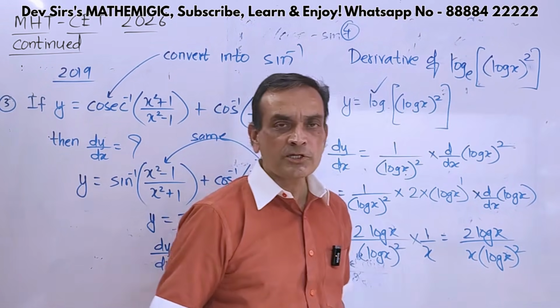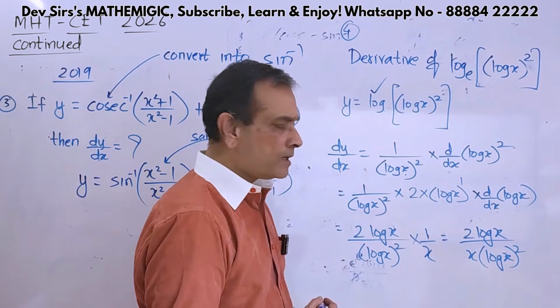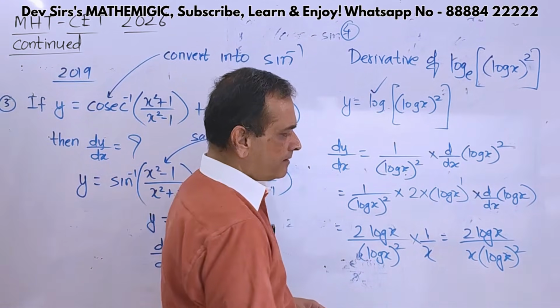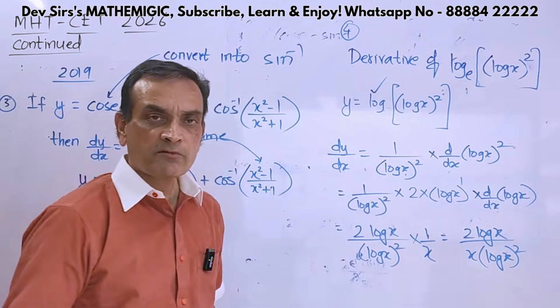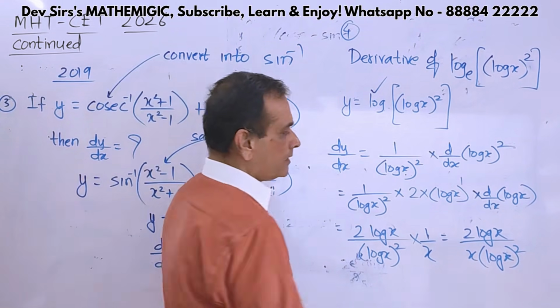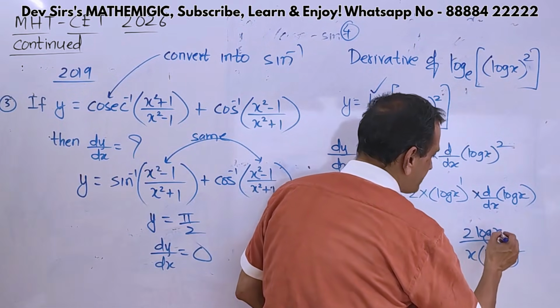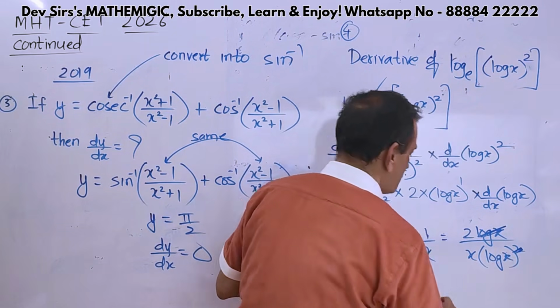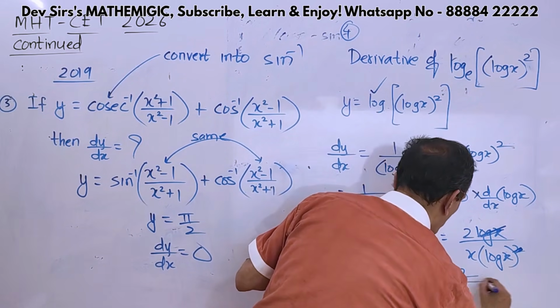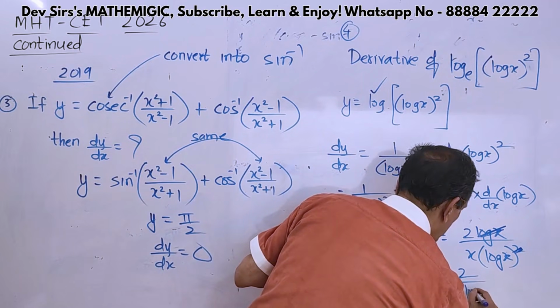There is one more simplification. क्या simplification हो सकता है? What is x upon x squared? X upon x squared, 1 x gets cancelled. So log x upon (log x) whole squared, log x gets cancelled. So final answer is 2 upon x log x.